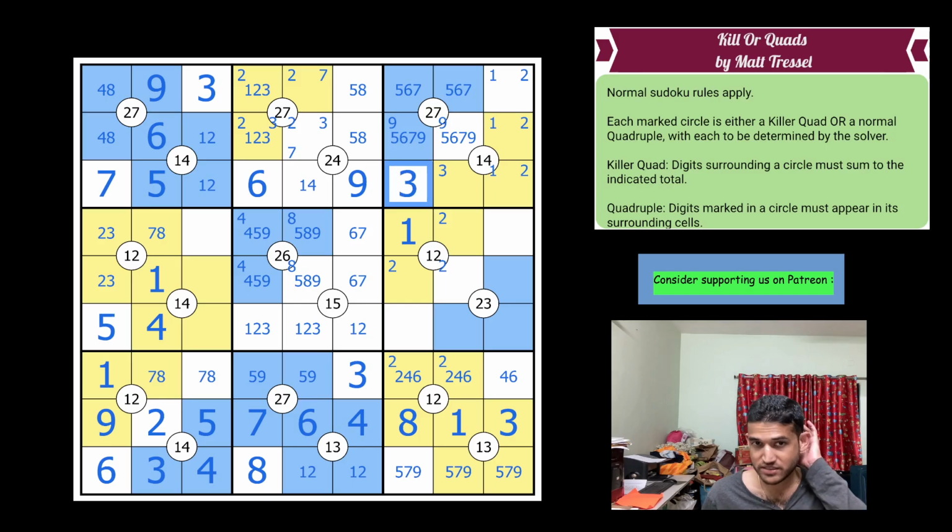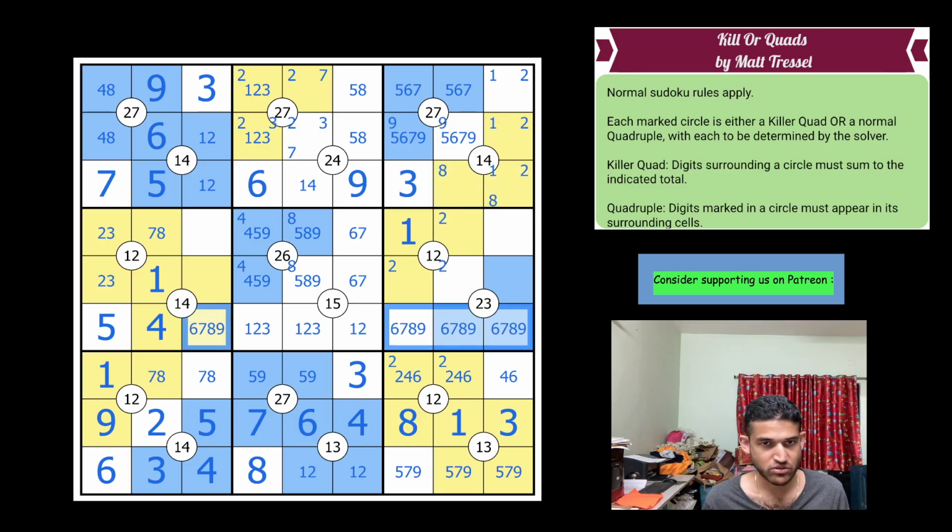So this is a 3, a hidden single. Okay, 8 is here, I know that. But still it isn't opening up. What am I missing here? Okay, so this will be 6, 7, 8, 9. I don't have 8 here.